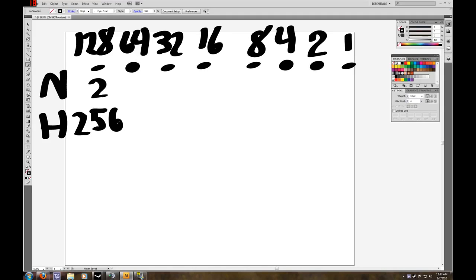But let me finish writing this out. So 248, you'll see how it's almost the same as our bit value. That's because each bit has two options, 1 or 0.